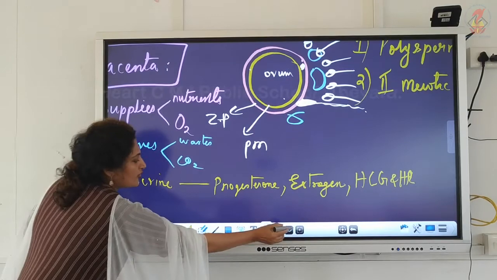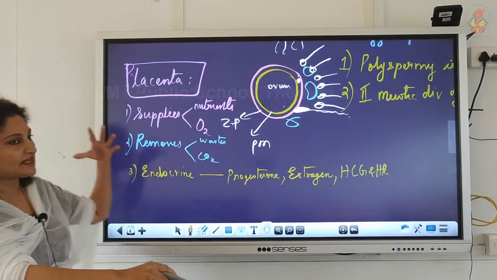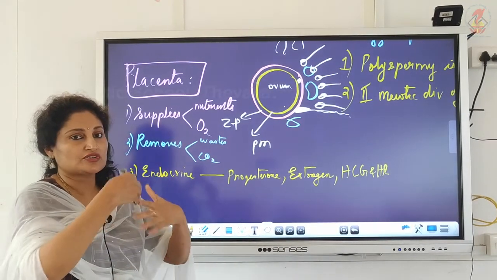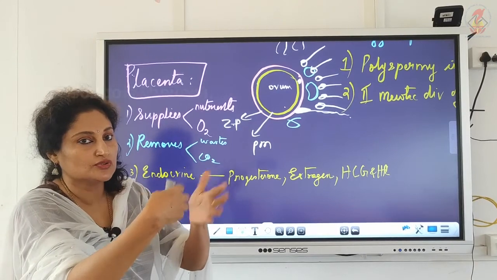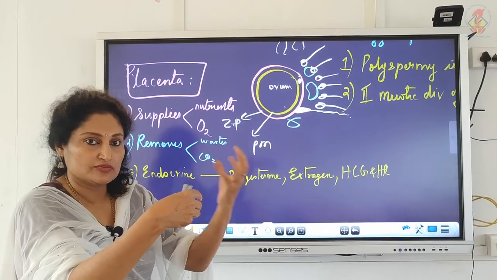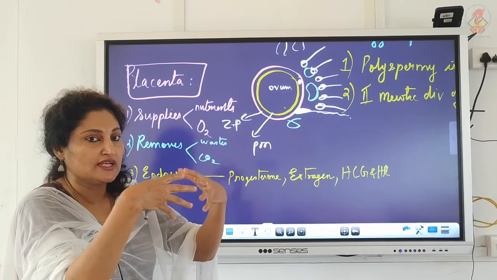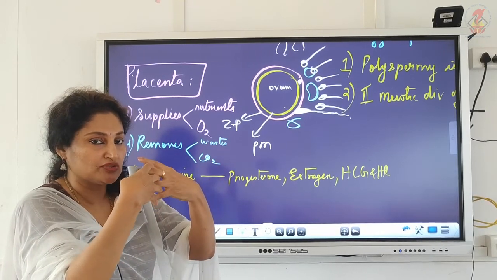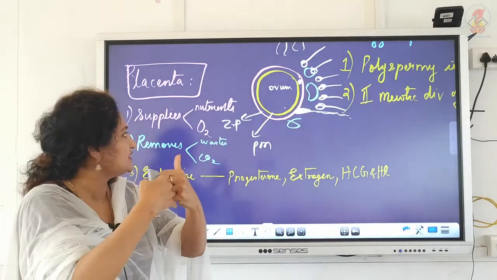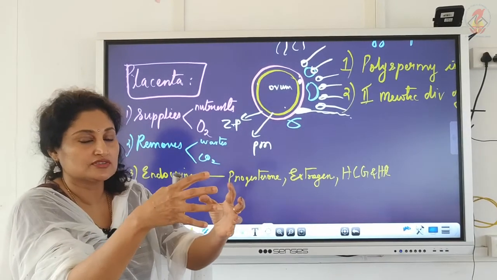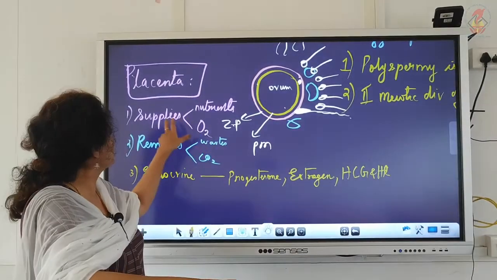So the function of the placenta: I told you the placenta is a very intimate structure that bonds the uterine endometrium with the fetus or the blastula. It is formed when the chorionic villi penetrate down into the uterine endometrium and get interdigitated, and that structural and functional unit is known as placenta.